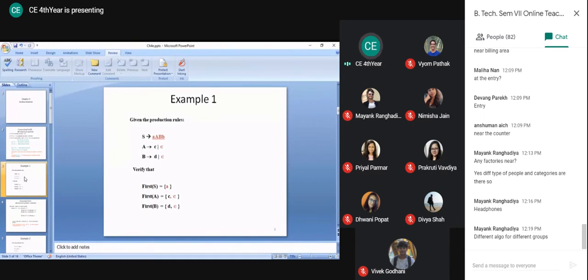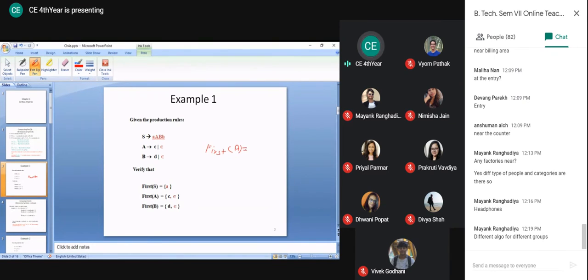So here you can see that for the first of A, having two options, C and null, first of A is nothing but first of C union first of null.